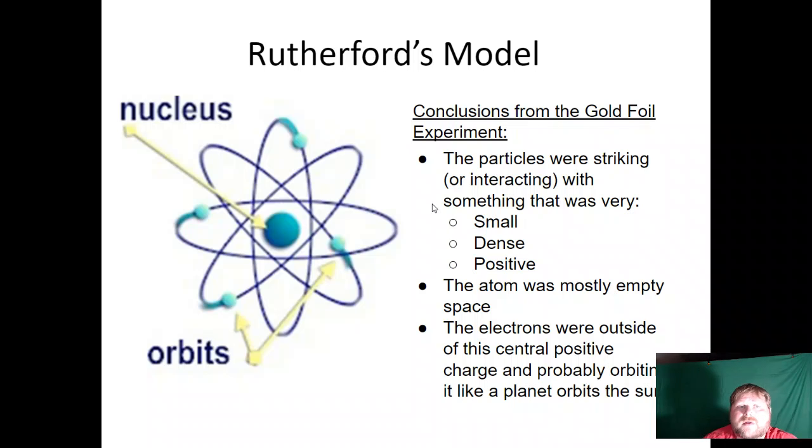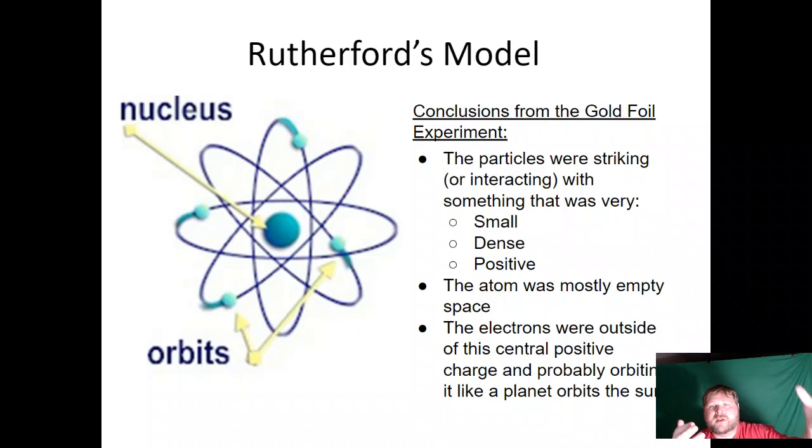So that led Rutherford to say, we found this small, dense, positive thing in the atom. We're going to call it the nucleus, and he envisioned it being sort of the center of the atom. And he said, okay, well, if we have this small, dense, positive center, and we know we have electrons in there, they can't be interacting like smashing into each other, or else they would neutralize their electrical charge.